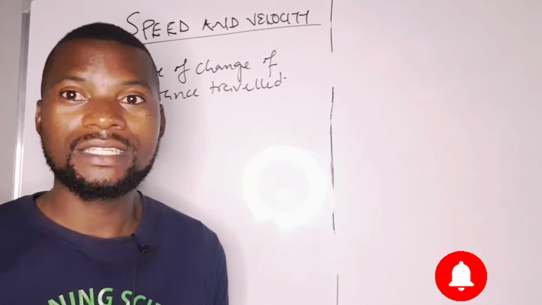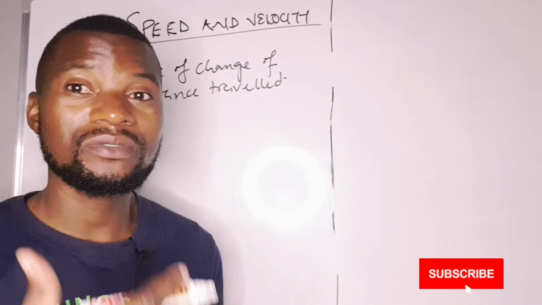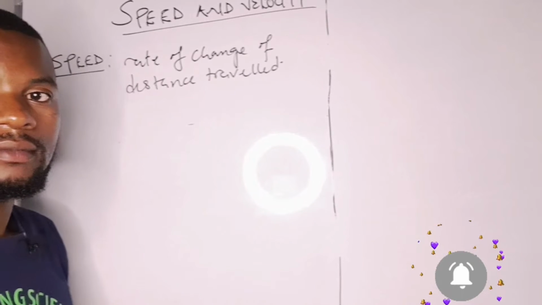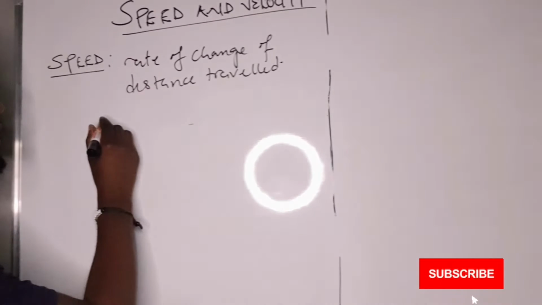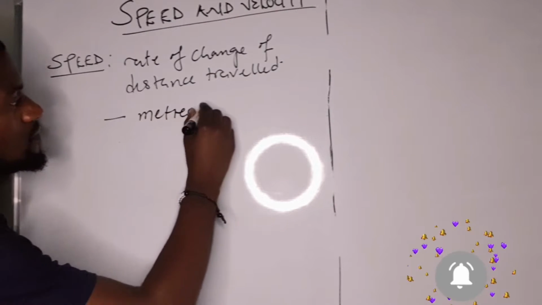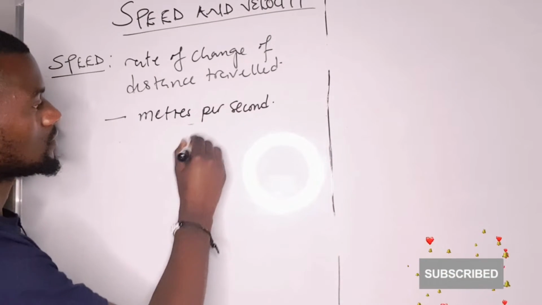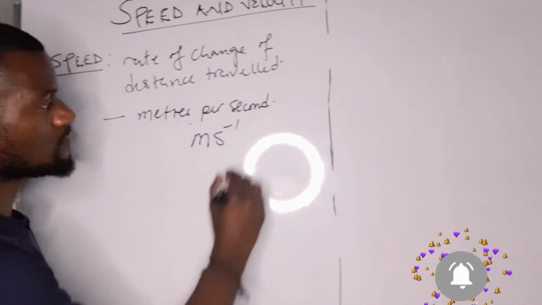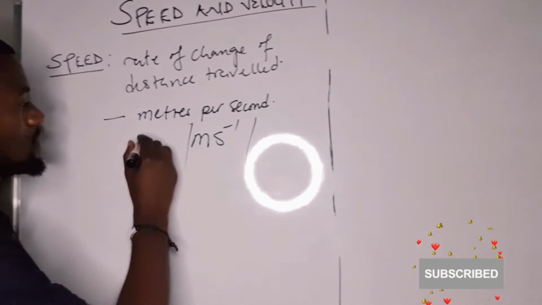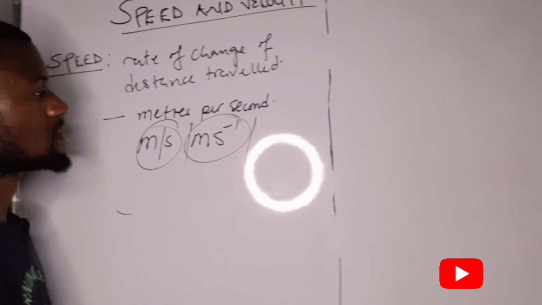Speed is the distance traveled per unit time, or you say speed is the rate of change of distance traveled. Okay, so speed is measured in meters per second, or you can write it as this. You can use this one, or you can write it as that.